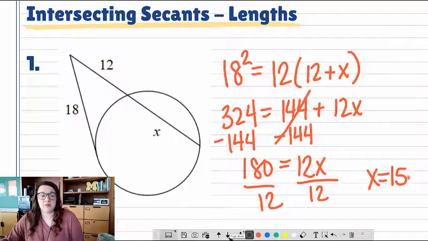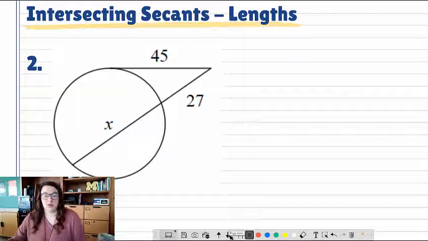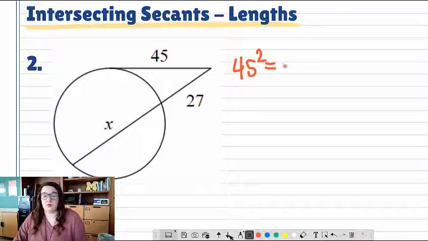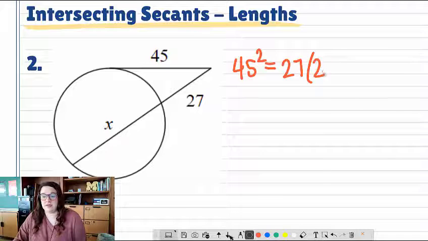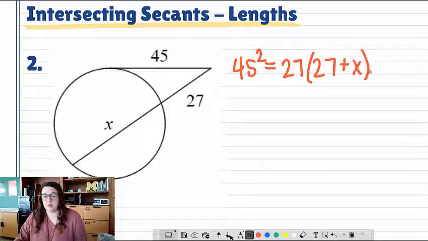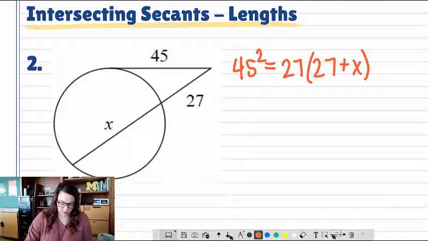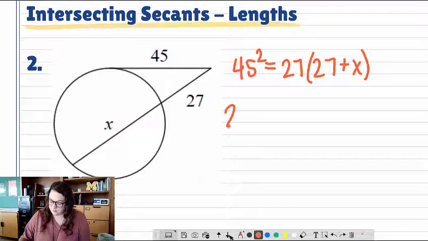All right, here comes the last one. So we've got 45 by itself, so 45 squared equals 27 times 27 plus x. All right, let's distribute here. Actually, what is 45 squared? That's a big number, 2025.